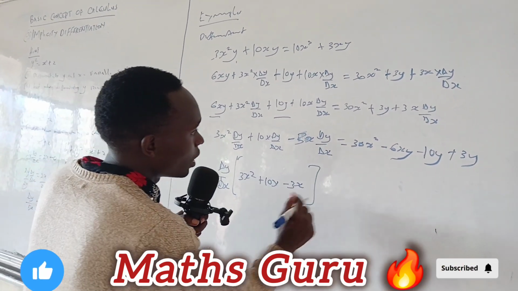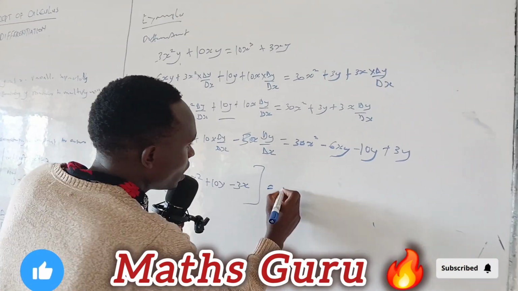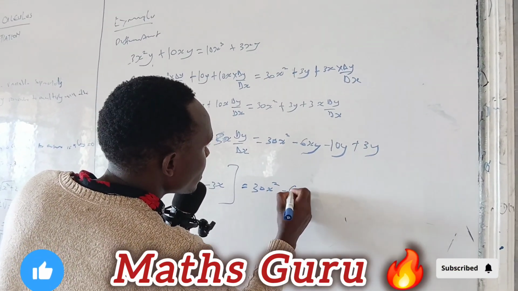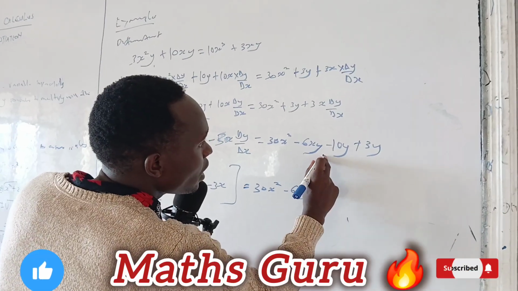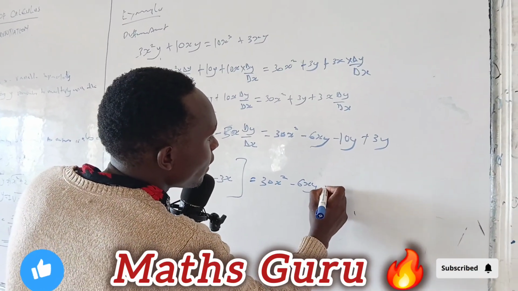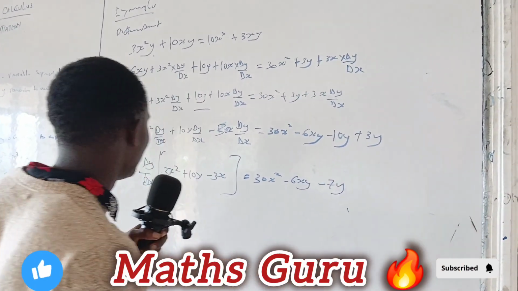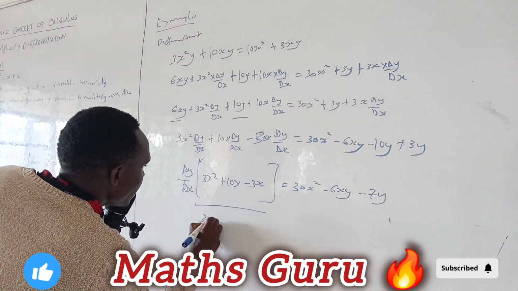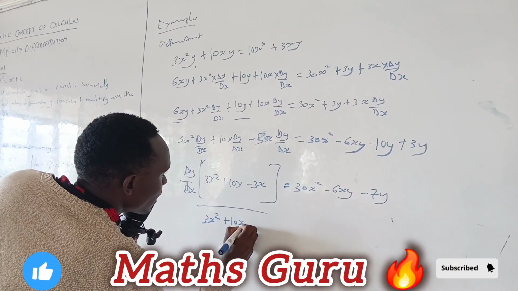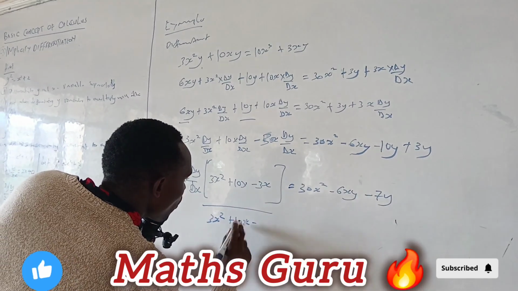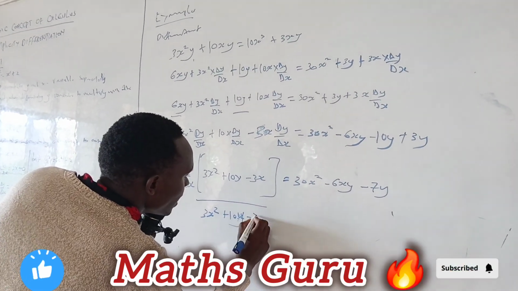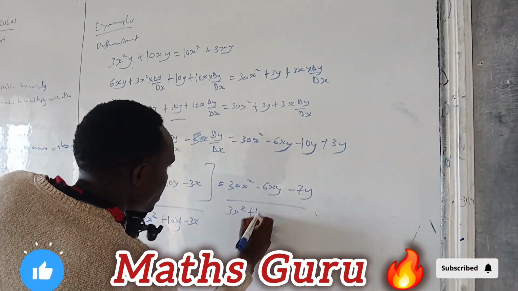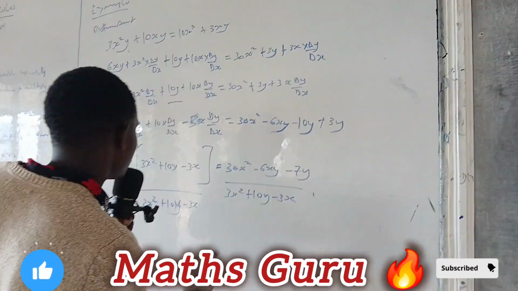Then I get this is equal to 30x squared, then this is minus 6xy. So minus 10y plus 3y, I get minus 7y. Now I'm going to divide both sides by 3x squared plus 10x minus 3x.